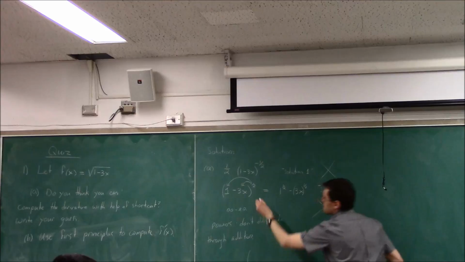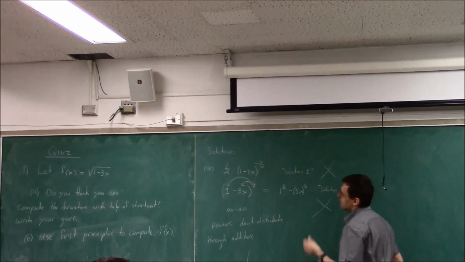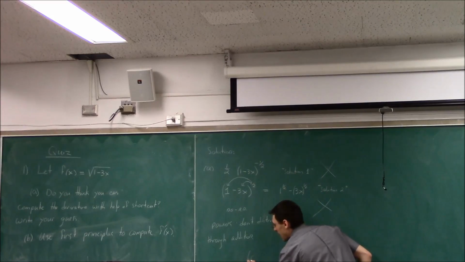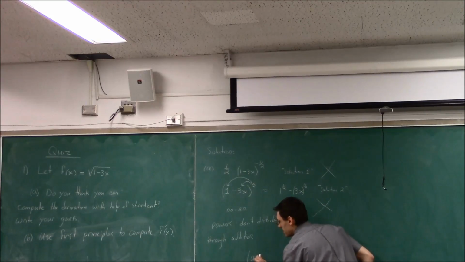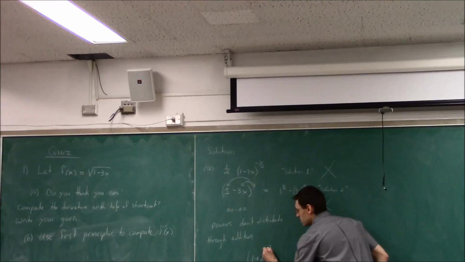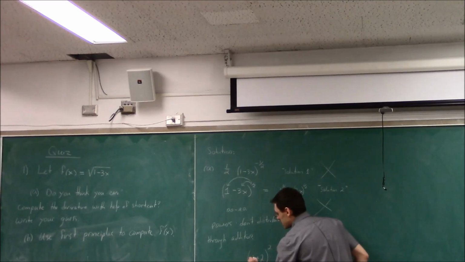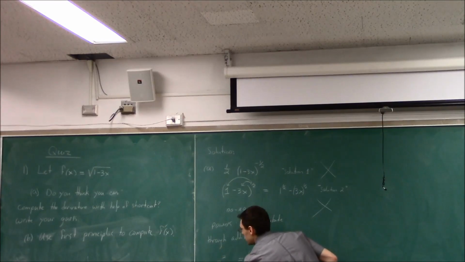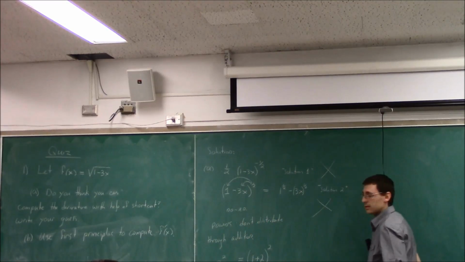You can think of a simpler example. I can show you why the 1/2 doesn't distribute, but if you have a plus b, or let's even give it numbers. If you have 1 plus 2, and let's say you square it. If you don't distribute, this is just the same as 3 squared, which is 9, correct?